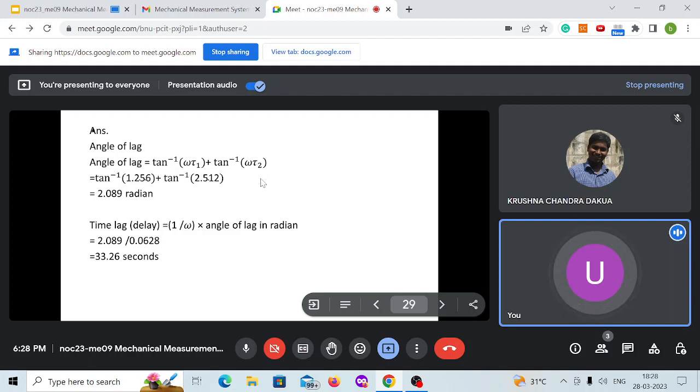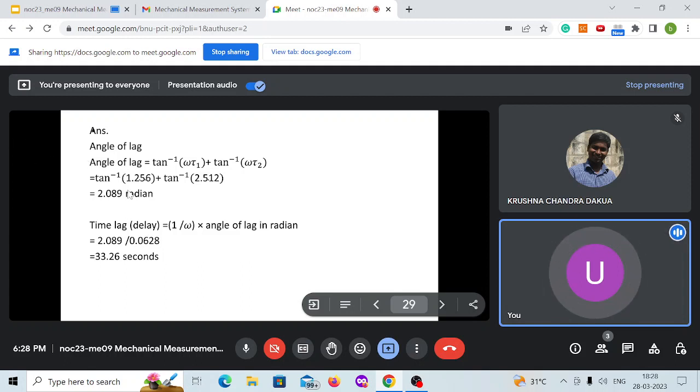So two phase lags get added, which is why there is a summation. We substitute tan inverse of omega tau 1 and tan inverse 2.512, and the output is 2.089 radians. This is the lag between the input and the output signal.